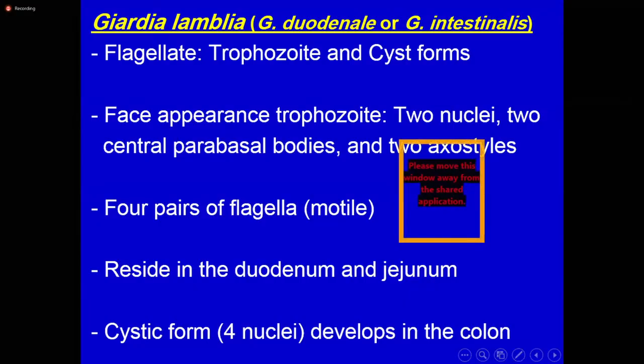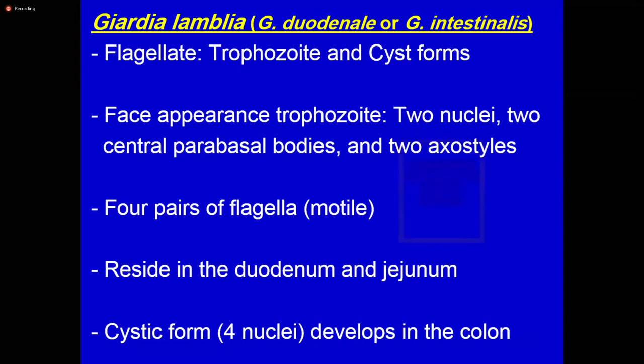If you would like to look at them, you have to look in the duodenum and the jejunum. Sometimes we can even do a duodenal aspirate if we don't detect the Giardia in the stool and it is difficult to detect, we can do a duodenal aspirate.